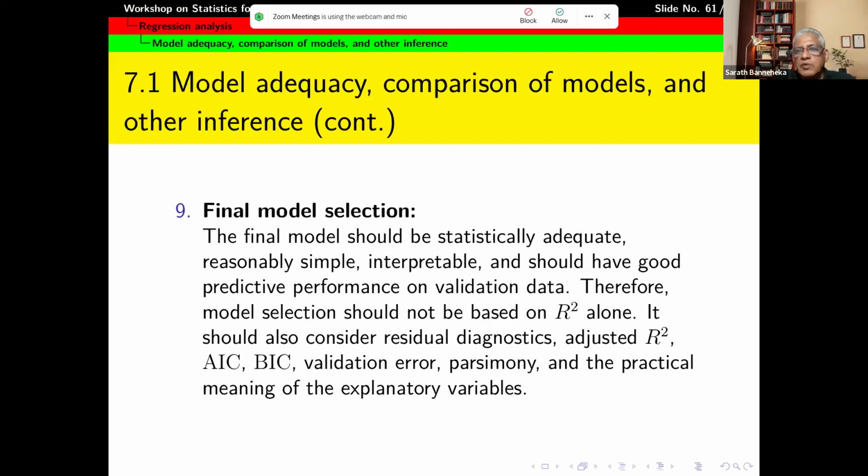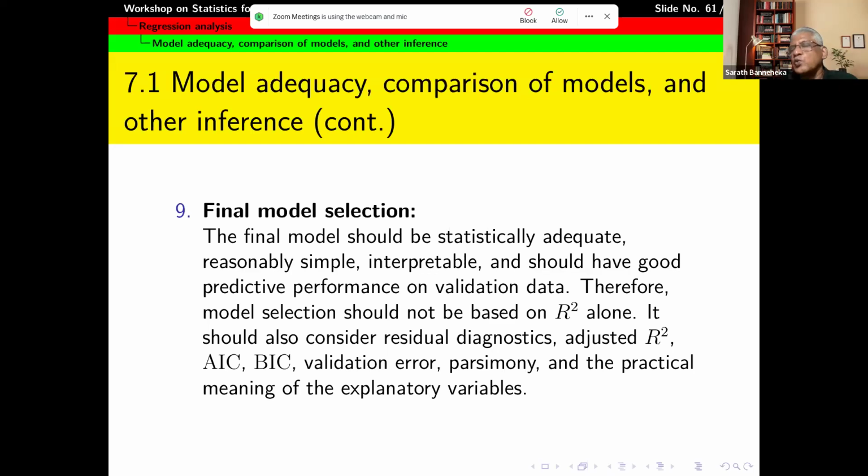Reasonably simple means the number of variables is a manageable number. And also, practically, you have to think: suppose one model has two variables, but they are very expensive to measure. Another model may have three variables.